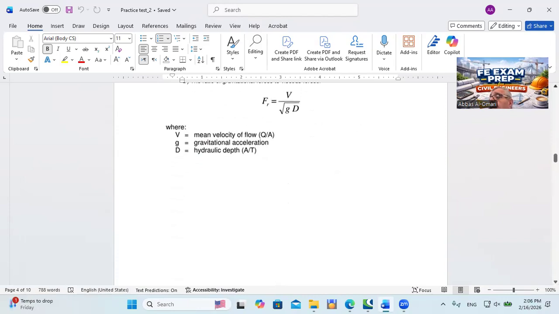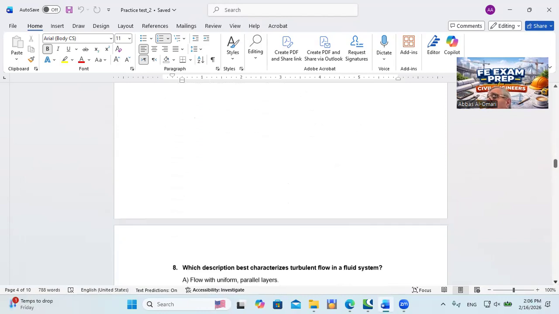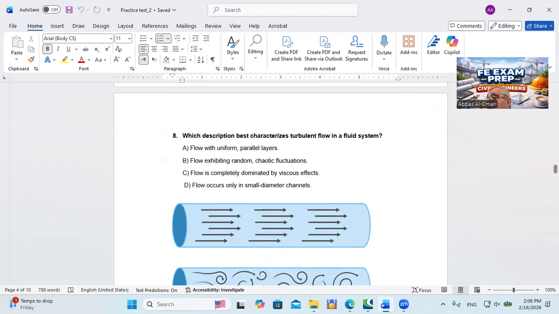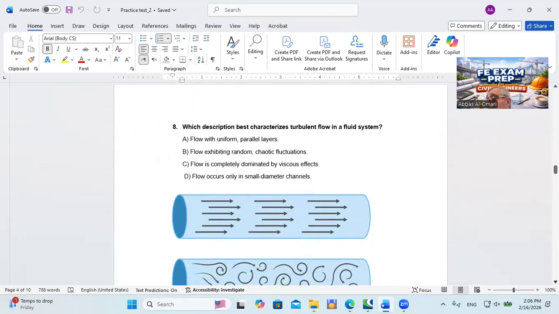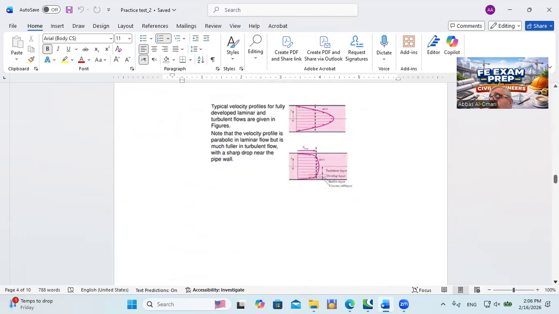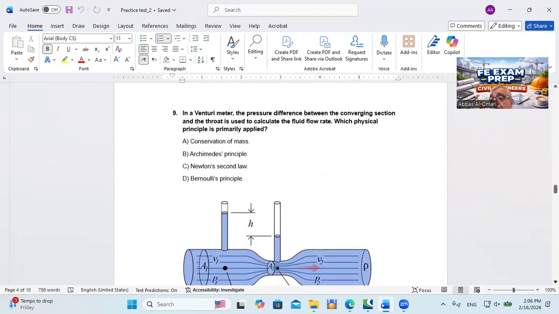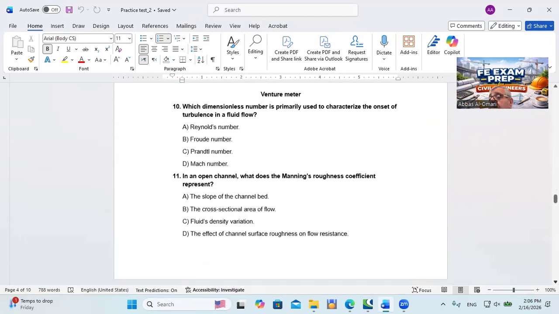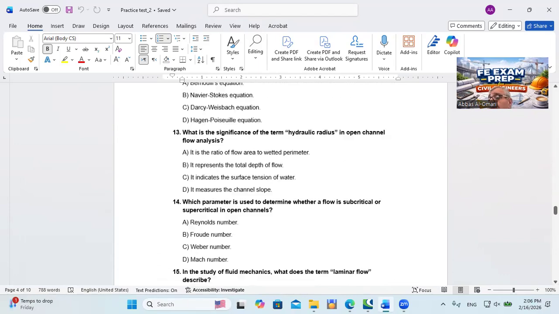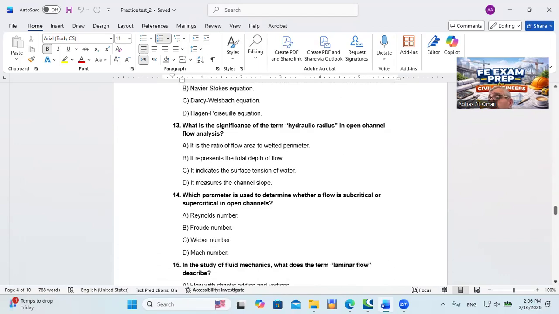When the Froude number is greater than 1, flow is supercritical. When the Froude number is less than 1, flow is subcritical. When the Froude number equals 1, flow is critical. So this is how flow is characterized in open channel. So the answer to the question is B, Froude number.